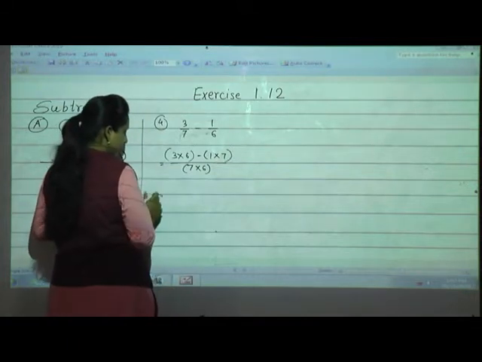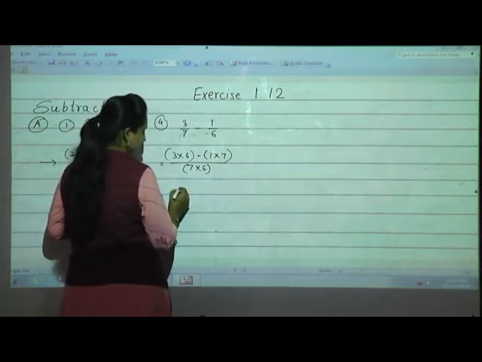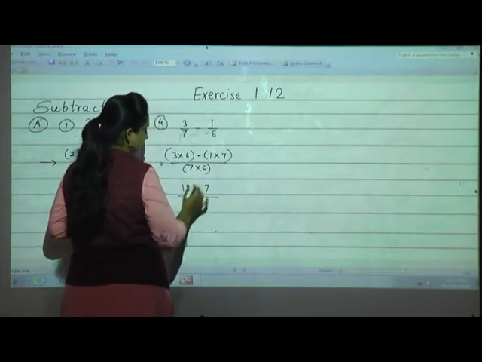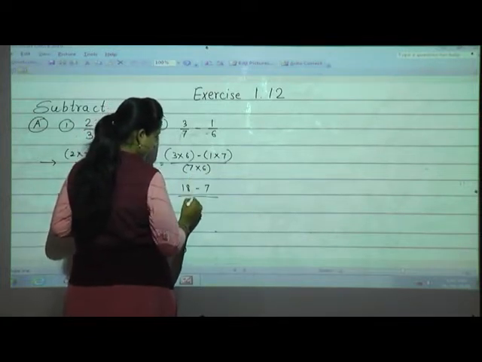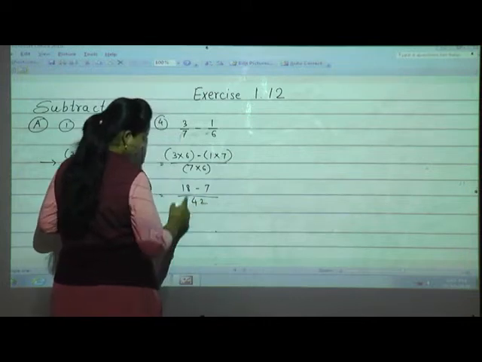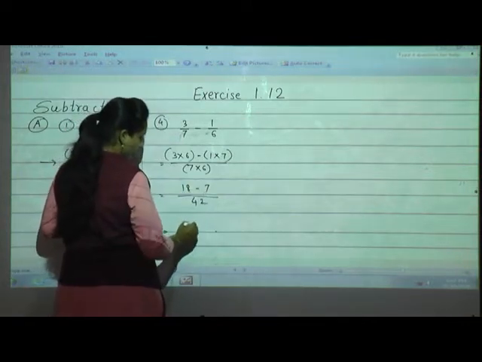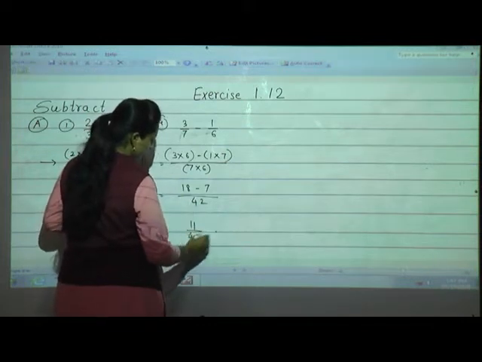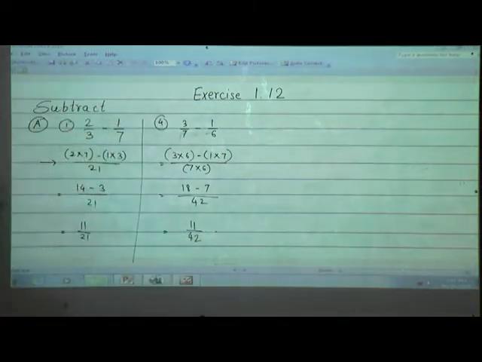So do the multiplication. 3 6s are 18 minus 7 1s are 7. 7 6s are, yes, 42. Now do the subtraction. 18 minus 7 is 11. See, 11 as it is, then 42. Okay, so what is the answer? 11 upon 42.